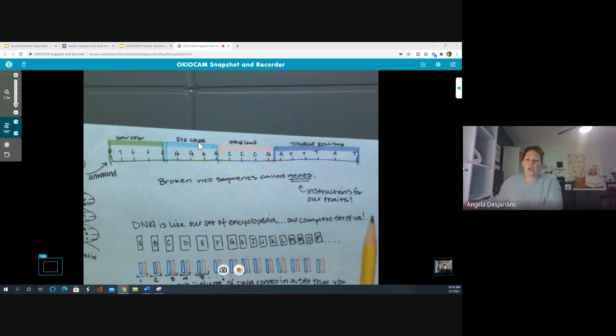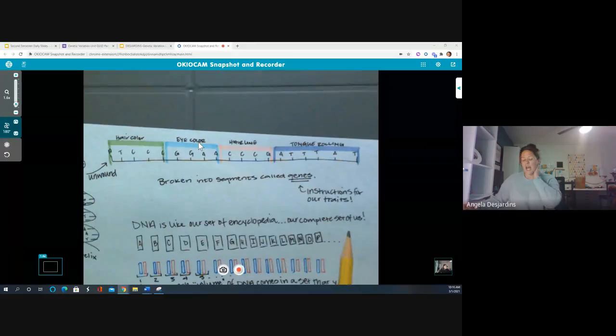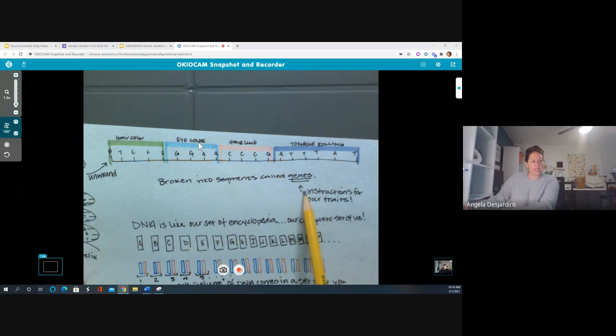Now connecting it to our current unit, you guys did that activity where you looked at your traits and we identified certain traits and started to call them single gene traits. So really, your genes are the instructions for our traits.